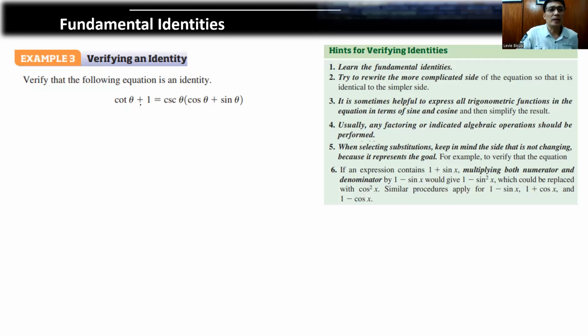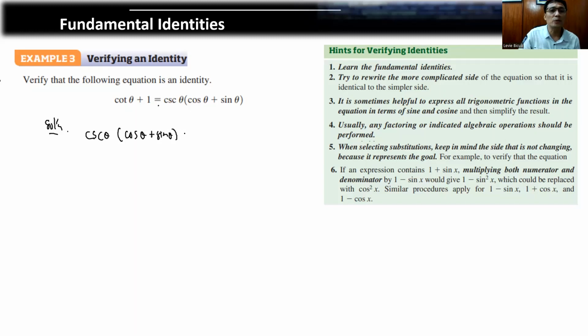So let's check on this particular example. Of course, between cotangent theta plus 1 and cosecant theta times cosine theta plus sine theta, the right-hand side is more complicated than the left-hand side, right?